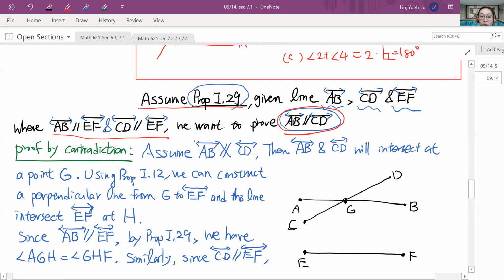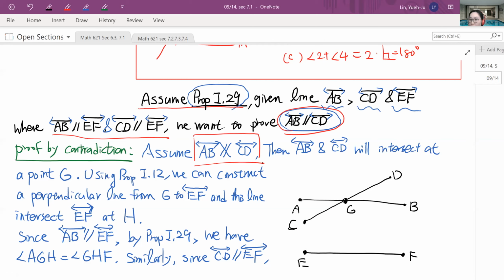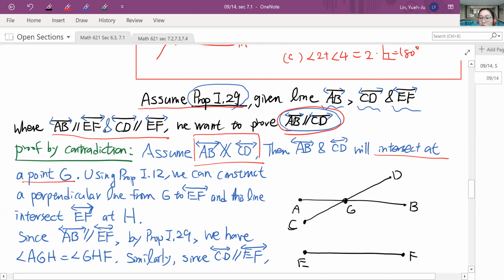So I'm going to assume, what if AB is not parallel to CD? And I want to see how we can get the contradiction, okay? If AB is not parallel to CD, then they will intersect at some point, whatever that point is. That's called point G. This is the point I draw here, okay?